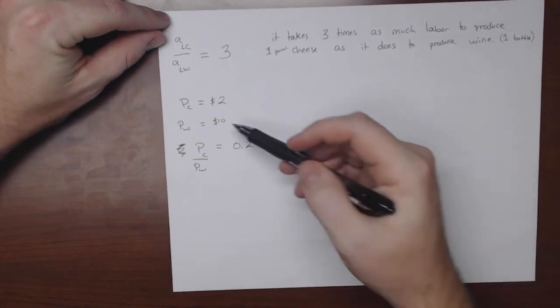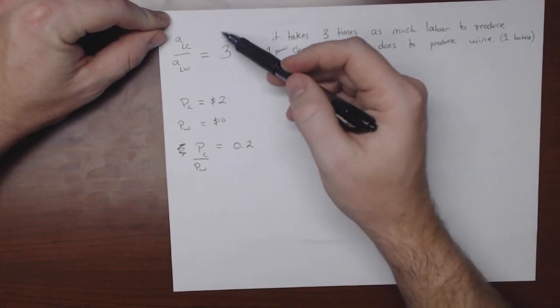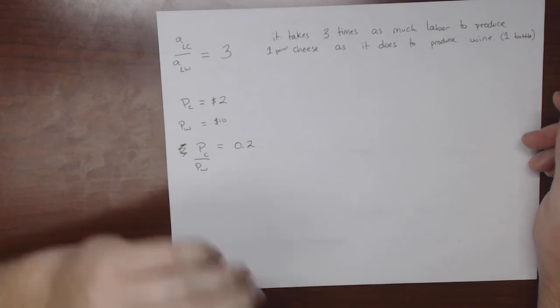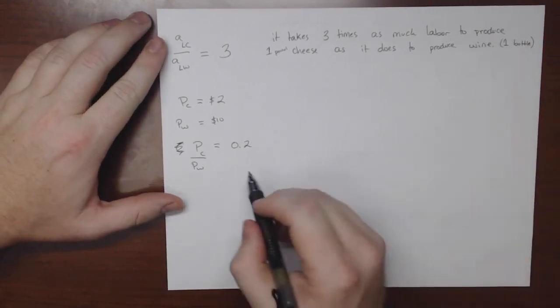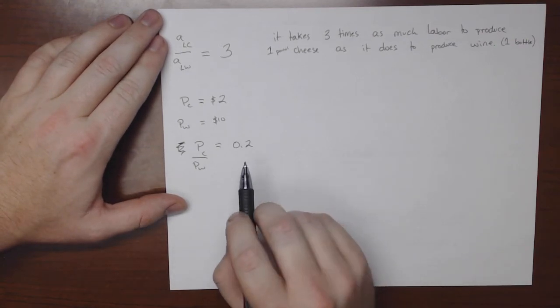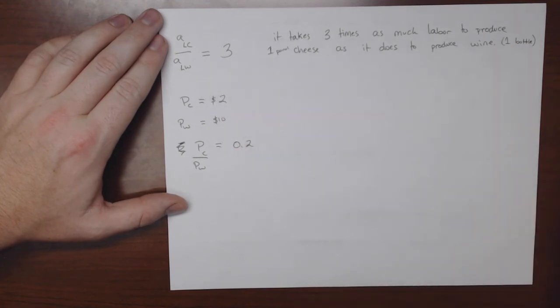All we know is the prices of cheese and wine, and we know the relative amount of labor it takes to produce cheese in terms of wine. So which one should we produce? Okay, so the relative price of cheese is 0.2 bottles of wine, and the opportunity cost of making cheese is 3 bottles of wine. So what should we do?